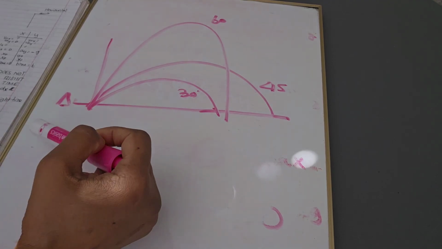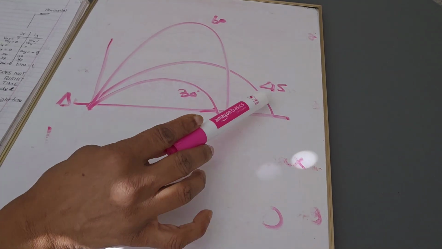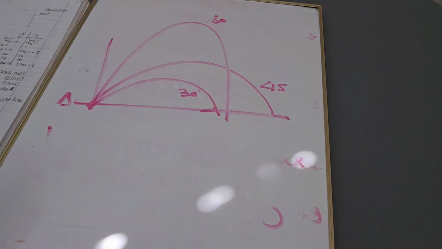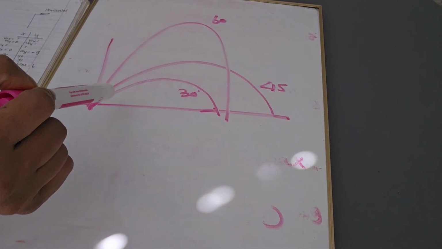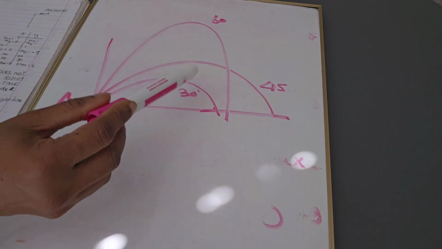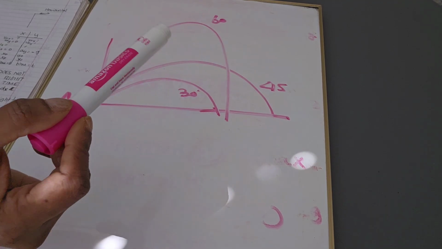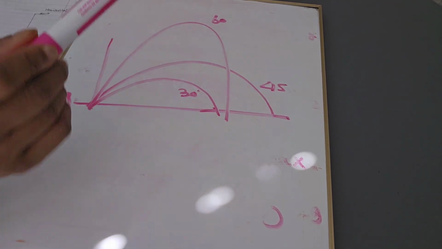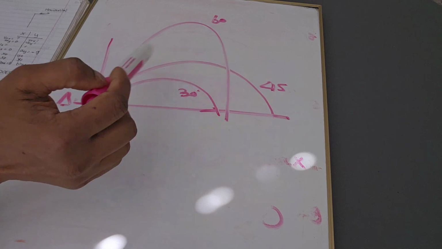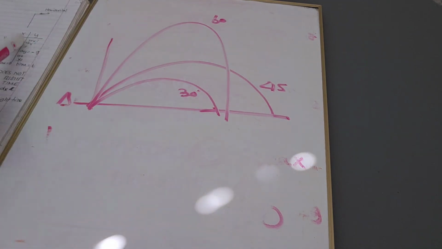If they give you a maximum range, it's going to be 45 degrees, and 30 degrees is going to be your low trajectory and shortest time, whereas 60 degrees would be your high trajectory and long time. So based on that, you could use your thetas to solve the problem.